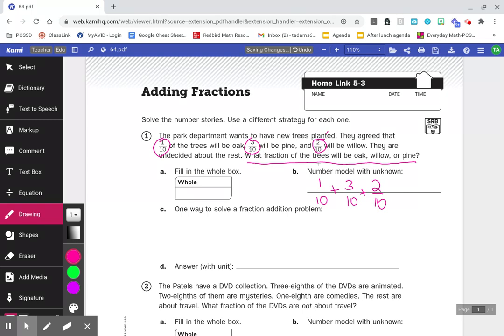What fraction of the trees will be at least one of these: oak, willow, or pine? And how do we write our unknown? If it's unknown, that means we're not solving it. We're just putting a number model with the unknown. My unknown is T. I don't know how many yet because I haven't solved it.